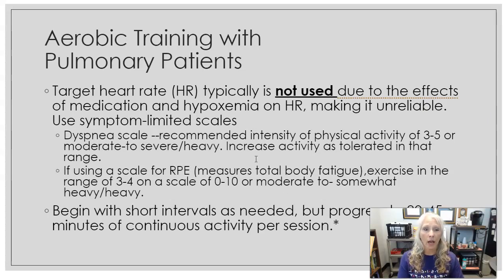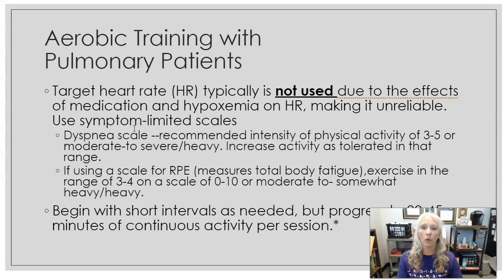or heavy exercise. So increased activity is tolerated within that range of 3 to 5, where the patient can comfortably monitor or control their breathing. And you want that rate of perceived exertion scale to also be in the 3 to 4 range on a 0 to 10 point scale.